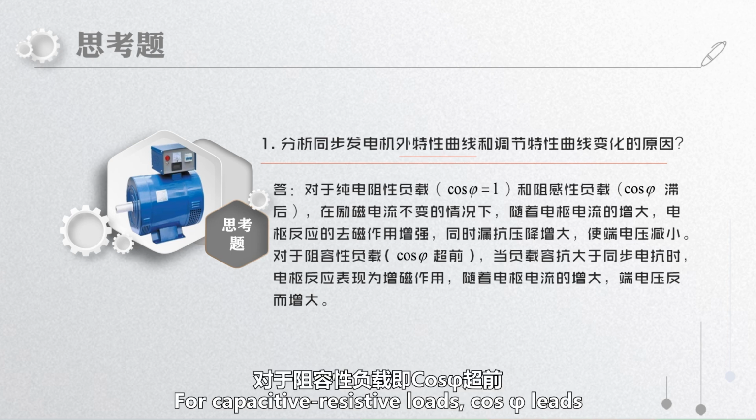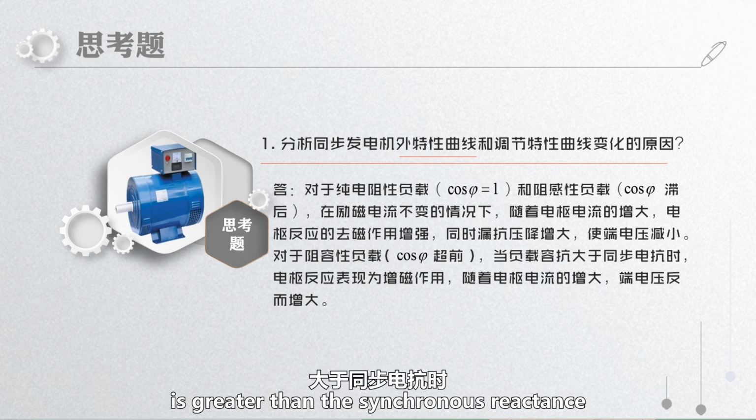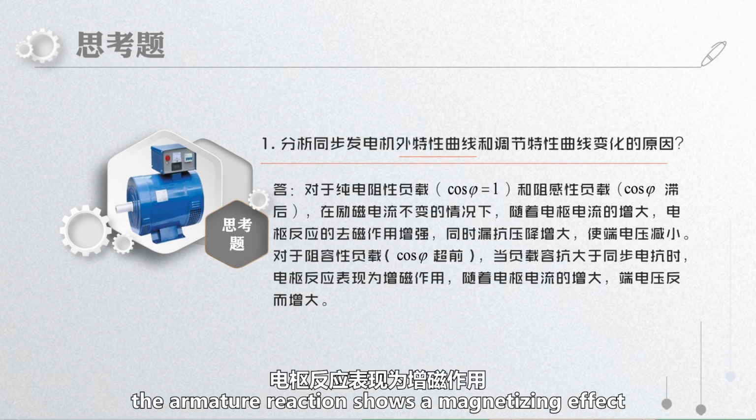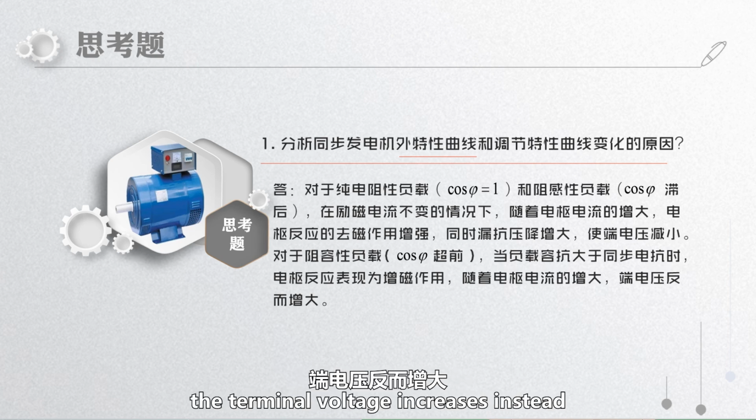For capacitive resistive loads, cosine phi leads when the load capacitive reactance is greater than the synchronous reactance. The armature reaction shows a magnetizing effect. As the armature current increases, the terminal voltage increases instead.